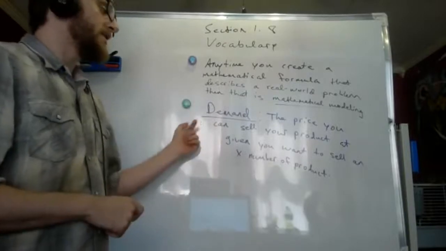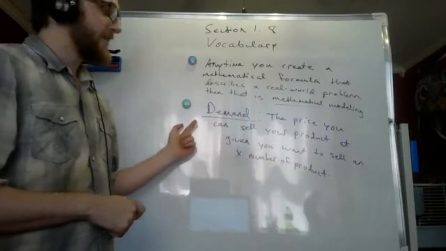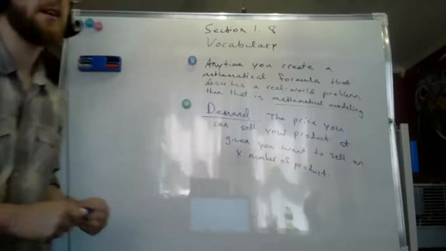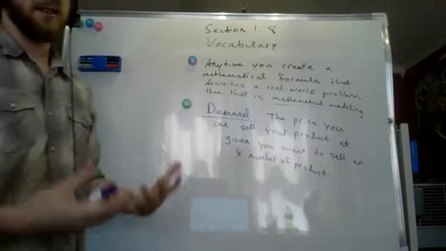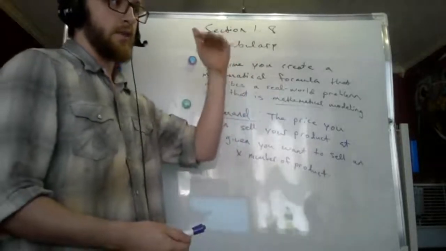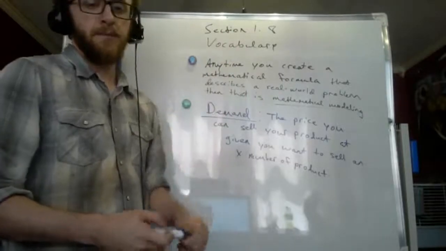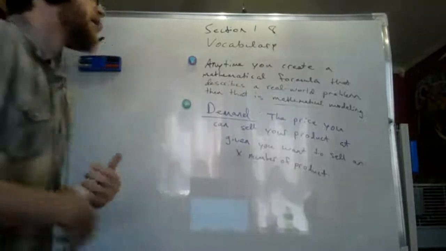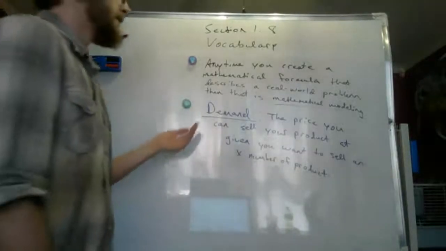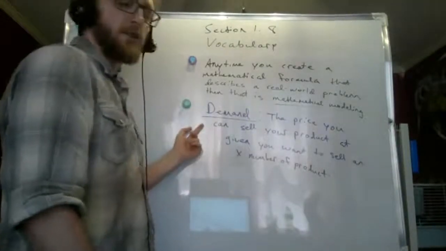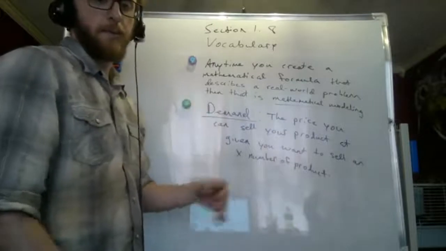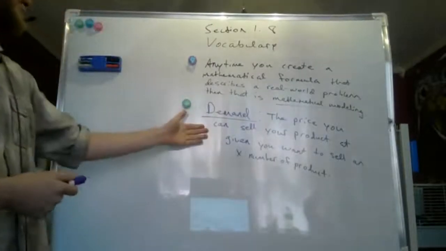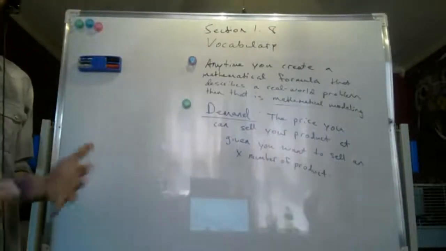Chances are with most of these demand functions, it has a negative slope, meaning the more product you're trying to sell, the lower your price is going to be, which makes sense from what we understand about supply and demand. The more supply you have, the price you can sell it at should drop.